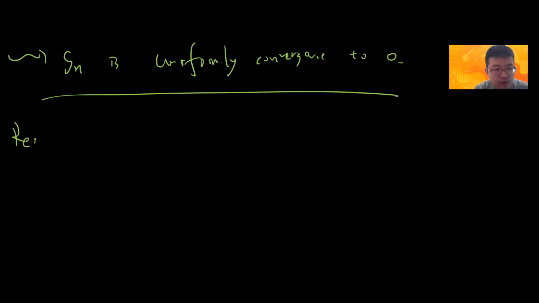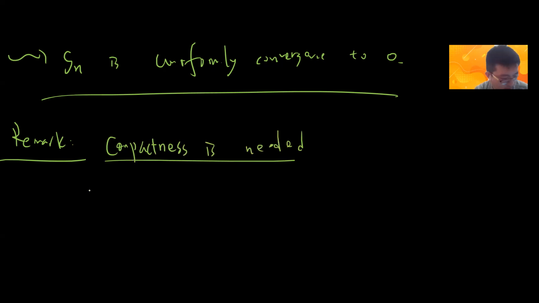Okay, so let me write some remarks. The remark says that compactness is needed. For example, let Fn be 1 over nx plus 1.